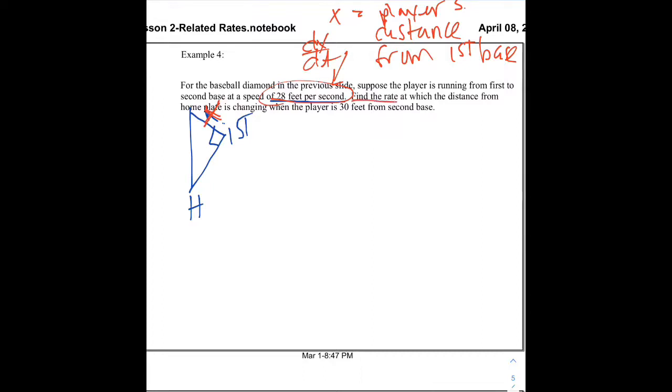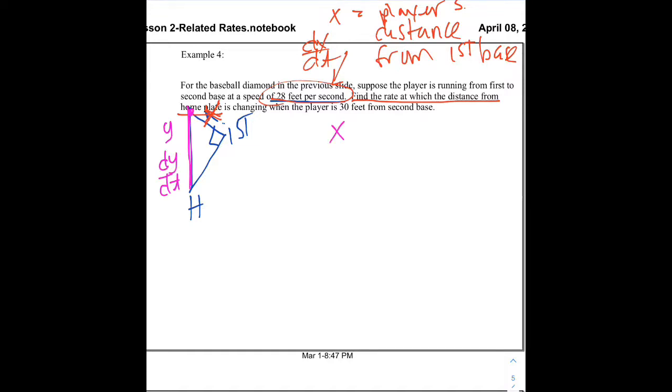Next, they want me to find the rate at which the distance from home plate changes. So this is my distance from the runner, wherever the runner is, to home plate. I'm going to define that as y. So the question is asking for a dy/dt. So here is the organization playing out in my head.